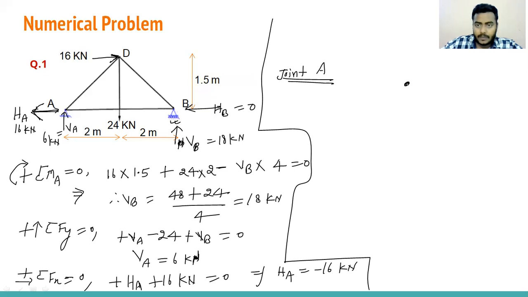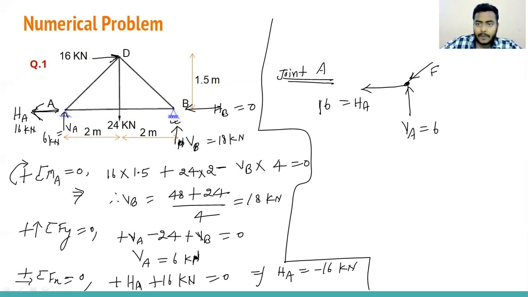This is joint A. There is a vertical reaction, that is VA, and a horizontal reaction, that is HA. This is given 6, this is given 60. I'm taking this arrow, see the arrow, this is pushing the joint, means compressive.